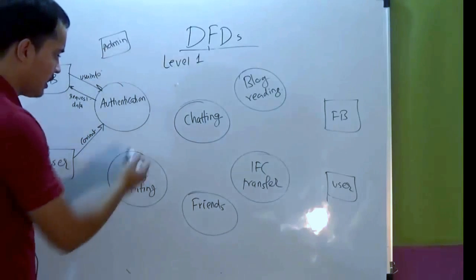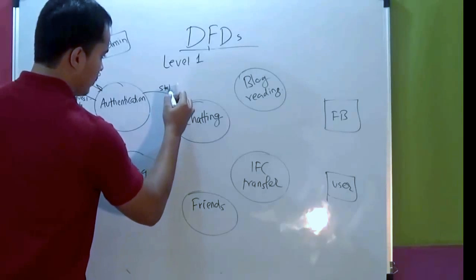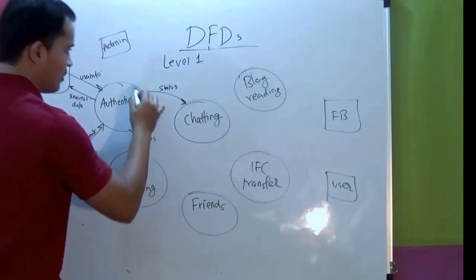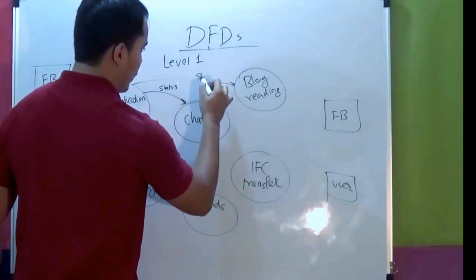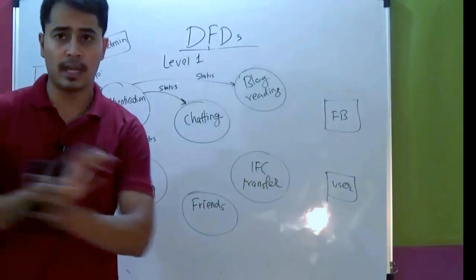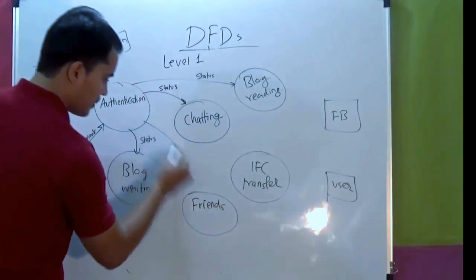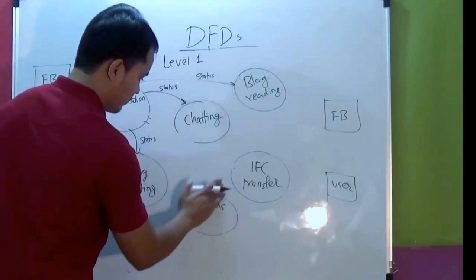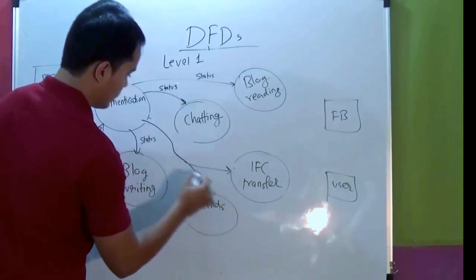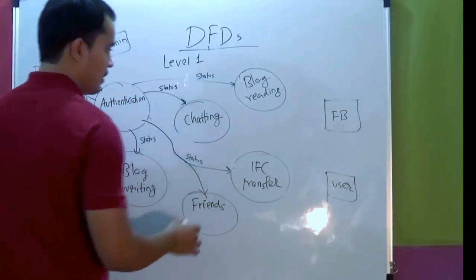Once authentication is done, there is a status of authentication, that the user is authenticated, provided to all the use cases. Authentication provides it to everyone. We always check before giving any functionality whether the user has logged in or not, so that information goes everywhere. So it just goes here and here, the login status.